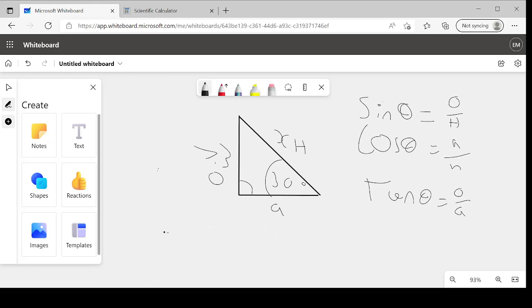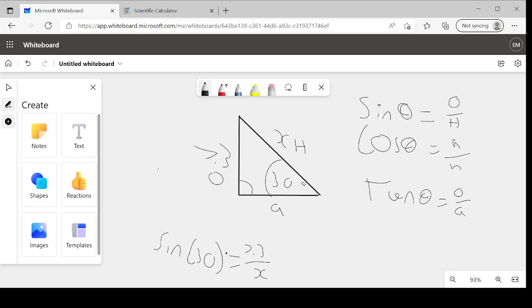Okay, so let's write out the equation and fill in the gaps. Sine, in brackets, 30, equals our opposite, 7.3 over x. Now obviously we want to get x on its own, so we'll need to do some rearranging.